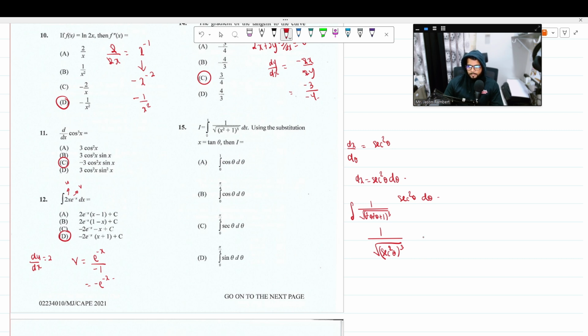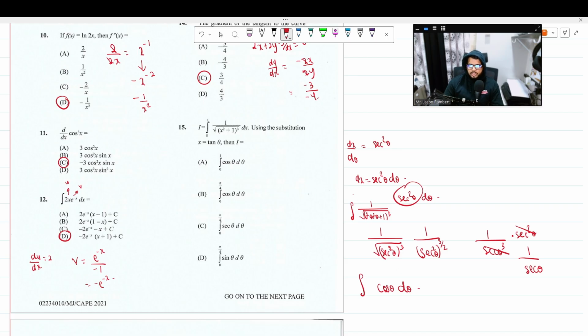So this is 1 over sec squared theta to the power of 3 over 2. I can multiply the powers and I get sec theta cubed. So it's 1 over sec theta cubed multiplied by sec squared theta. I'm going to get 1 over sec theta, and 1 over sec theta is cos theta. So I'll get the integral of cos theta d theta.